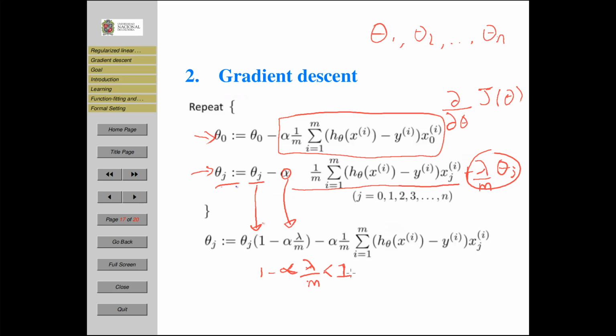So this term will be a number like 0.99. We are going to say that theta j gets replaced by theta j times this one. Theta j will be replaced by 0.99 theta j, and more formally this makes the squared norm of theta j a little bit smaller.